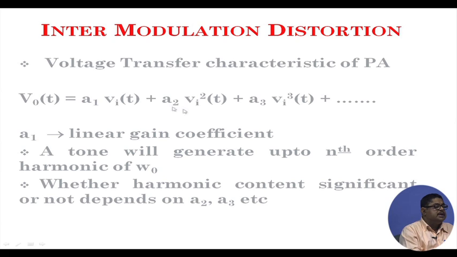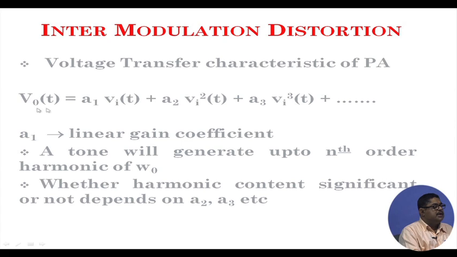Usually these coefficients A2, A3 of the nonlinear components are small. In small signal values, if I have Vi(t) small, then this value is not much, and this value is further smaller.